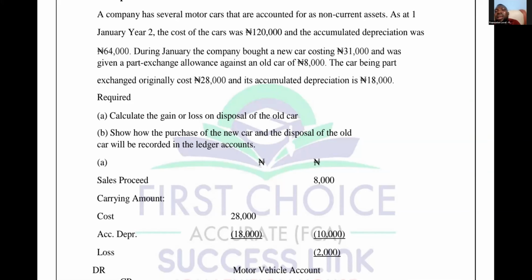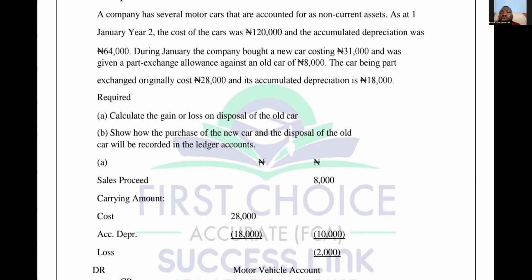The major difference is the way we are going to treat the worth that was placed on the old car by the seller. The bank is not involved in form of receiving; it is involved in form of payment. So the bank this time around is giving us cash, not receiving any cash.